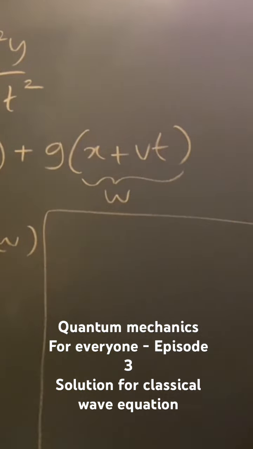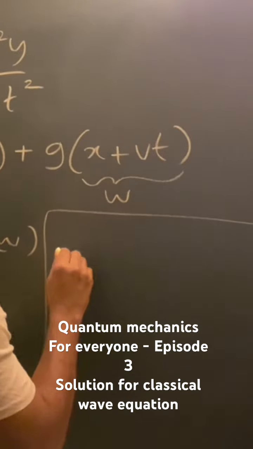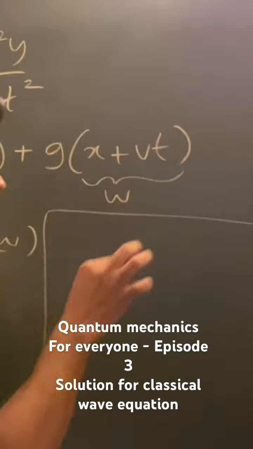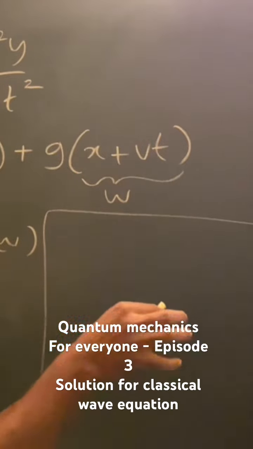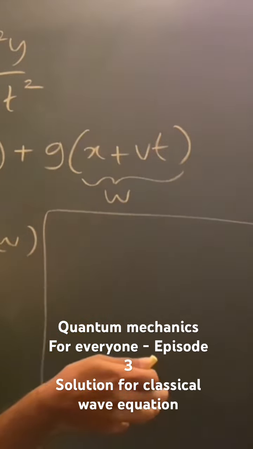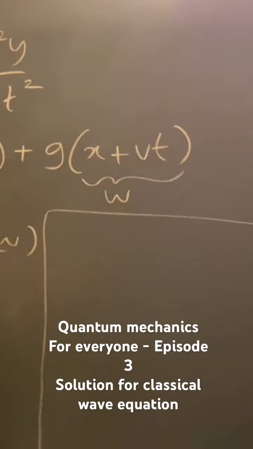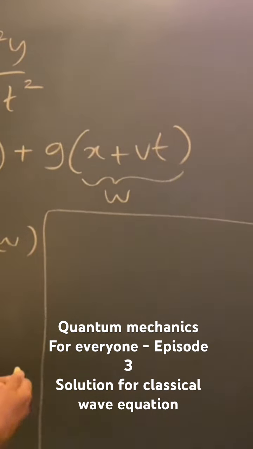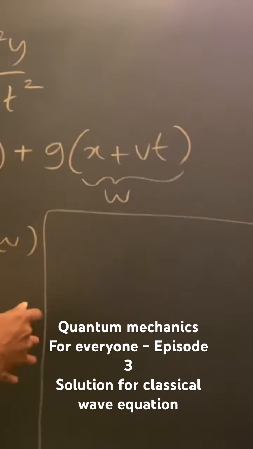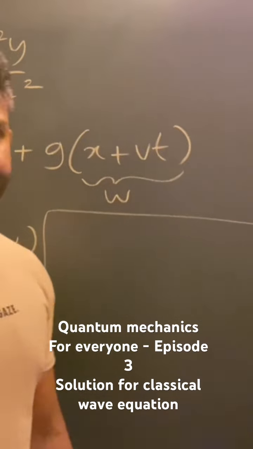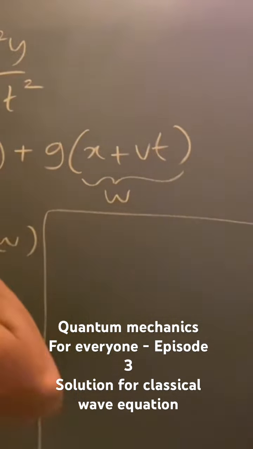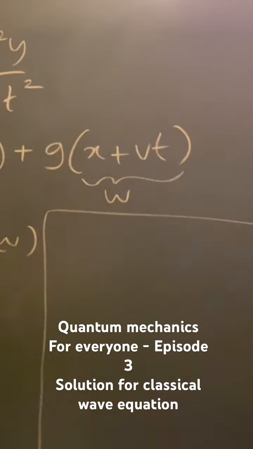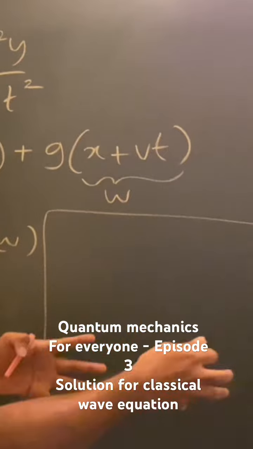Number one, there's something called wave number. In high school we mostly deal with wavelength and frequency, but in quantum mechanics we prefer to use wave number as well as omega, the angular frequency, rather than frequency directly.